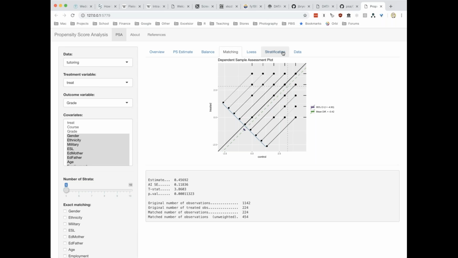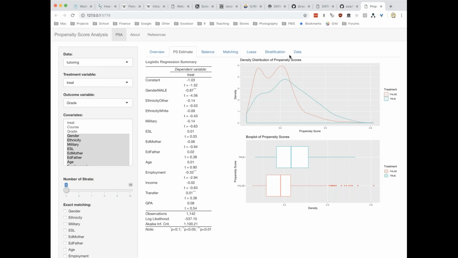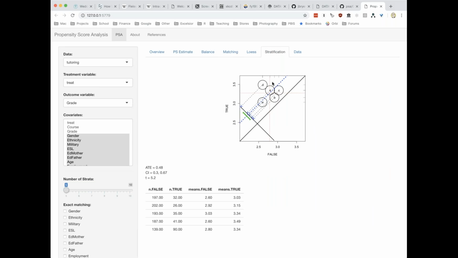And then we can do things. I'm just going to go to stratification. So if I divide this into 5 equal grouping sizes, right? I have 5 strata, and then I can look at the treatment effect. And so this little plot here, on the x-axis here are control groups, here are treatment students, and this unit line.